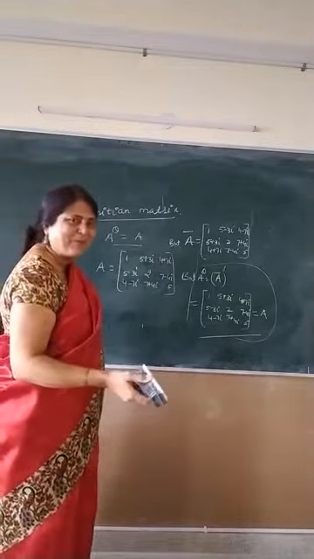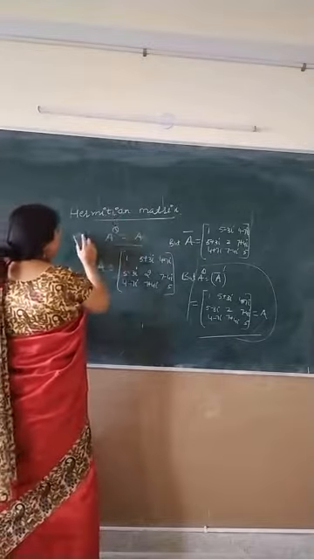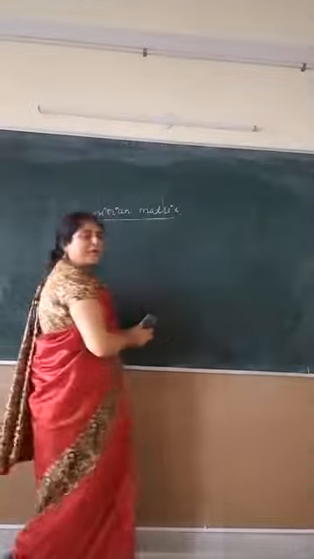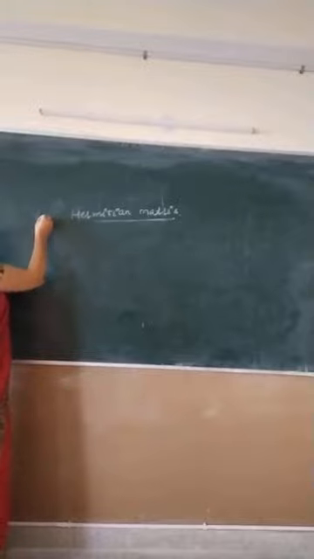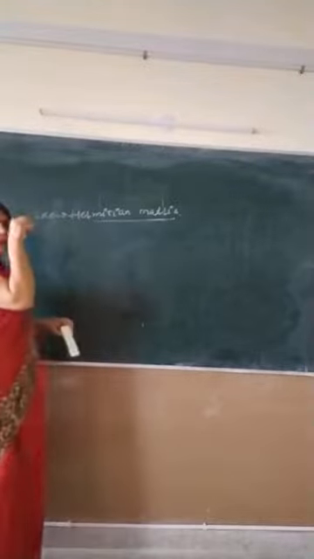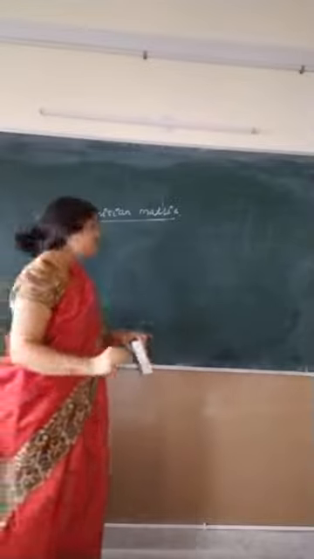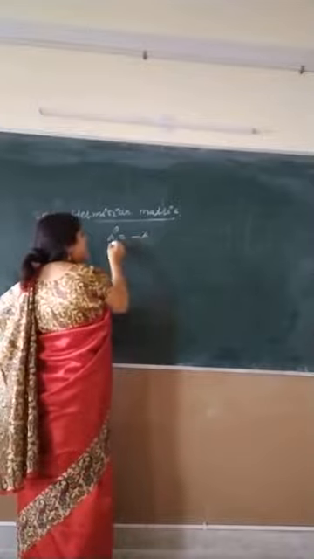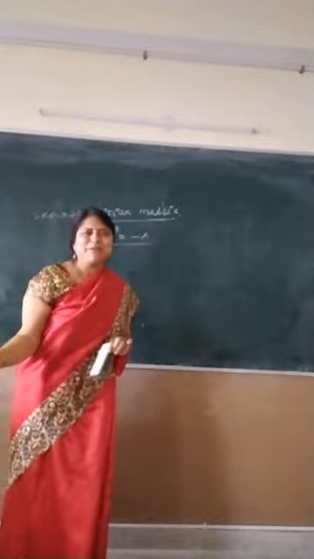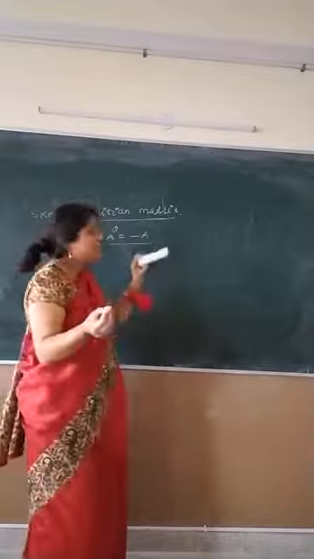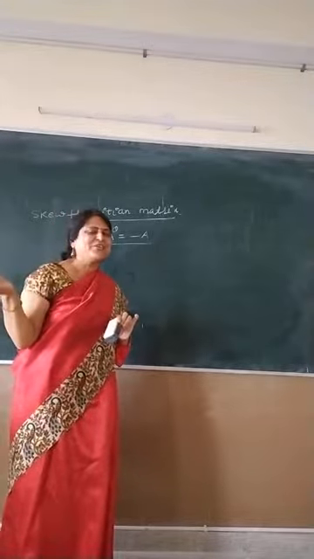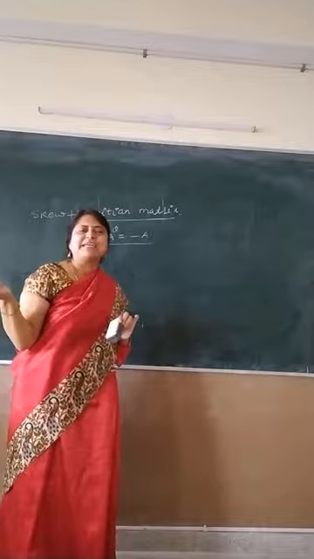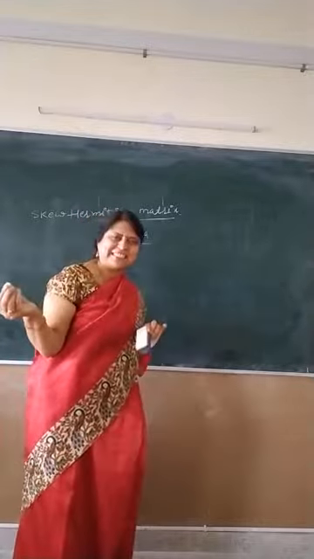And now I am taking an example of skew Hermitian matrix. Now see how to do skew Hermitian matrix, how to do the questions, everything is told to you, so that you can do it well later. Skew Hermitian matrix. A square matrix is said to be skew Hermitian matrix if the conjugate transpose of the matrix is the negative of the matrix itself.